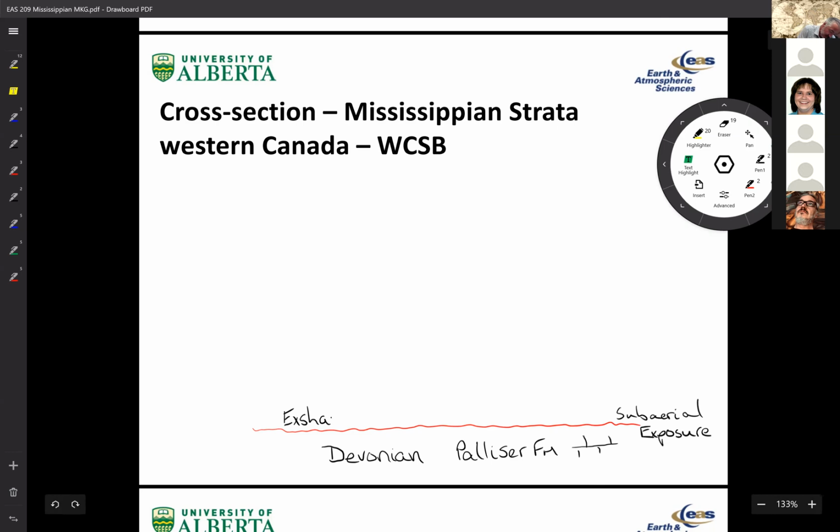And in western Alberta, the Exshaw Formation is deposited. And you'll remember we briefly talked about the Exshaw on Friday when we were talking about its importance as a source rock for Alberta. As a source rock, the implication is that it gets buried, it becomes thermally mature in some way.